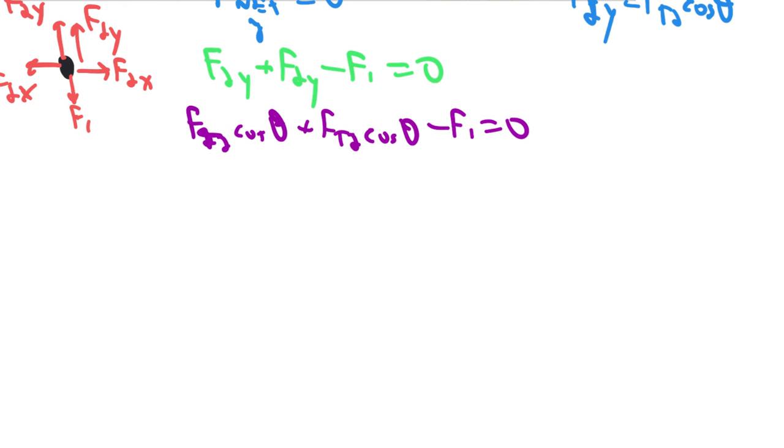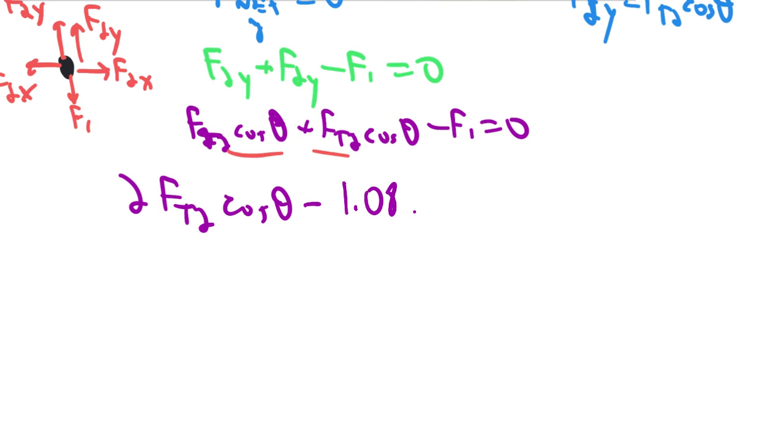We, of course, can go on and then say, well, this is 2 FT2 cos theta. That's just adding this to this. And then we subtract 1.08 FT2. And this bit comes from the given that FT1 is 1.08 FT2.